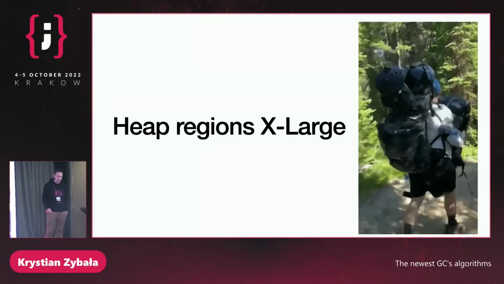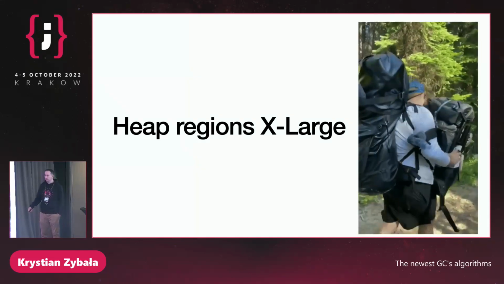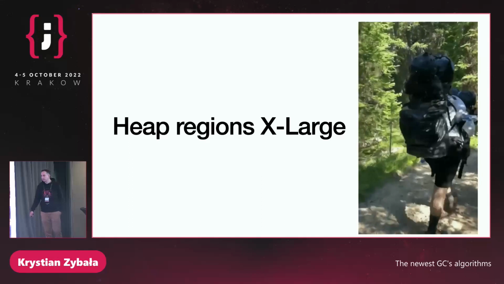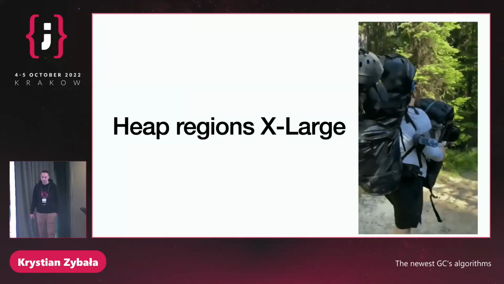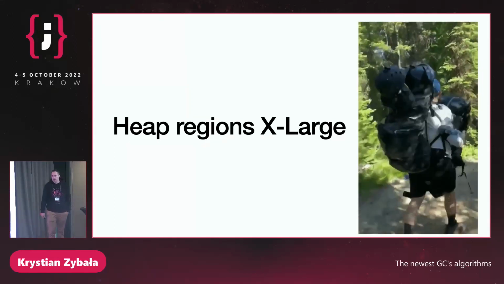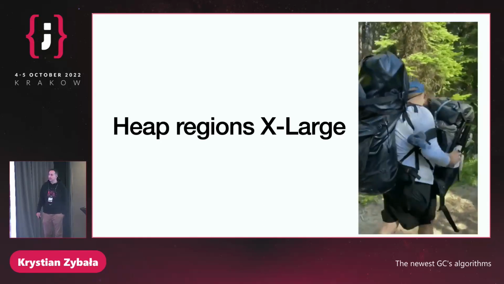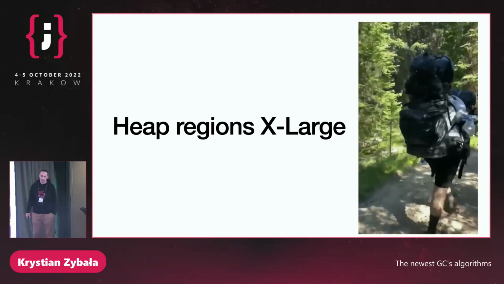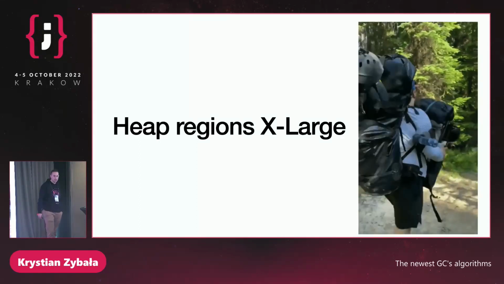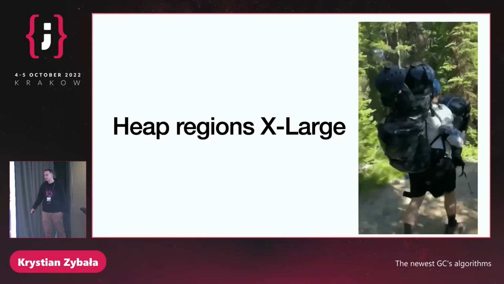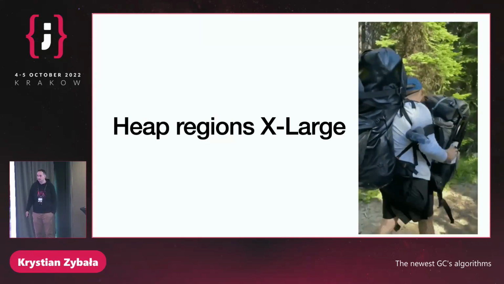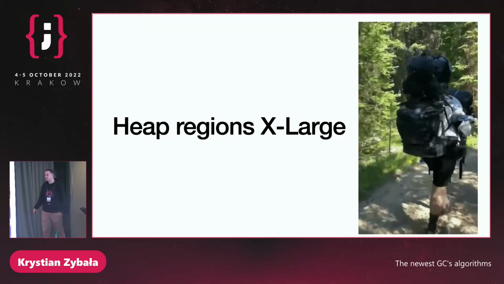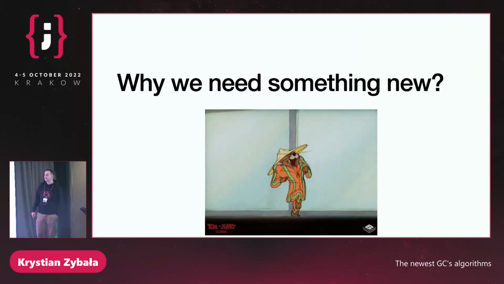So JDK 18 brought an additional improvement: heap region size extended. It means that since Java 18, a single region is bound to 512 megabytes. It means that we don't have too much contention on our heap. TLAB size can also be bigger, so it's better from that perspective.